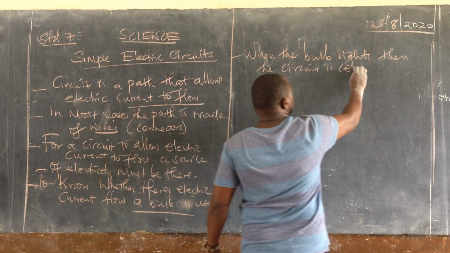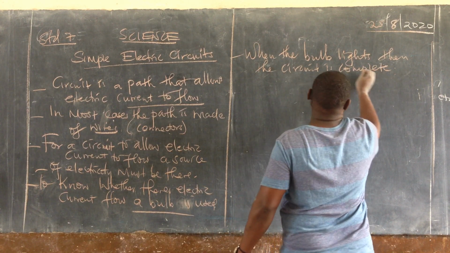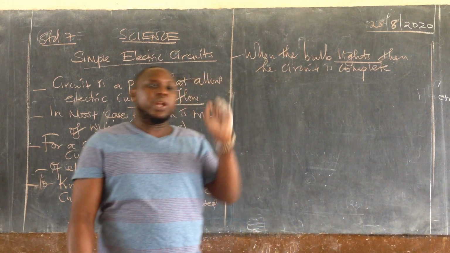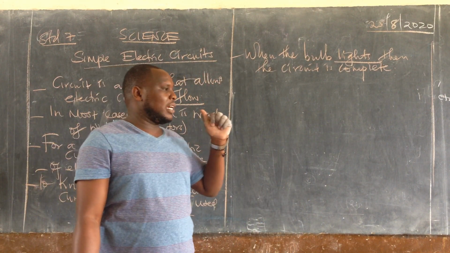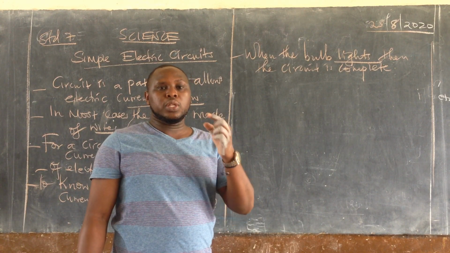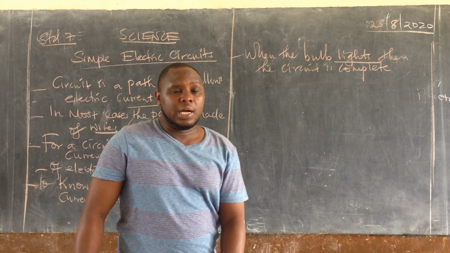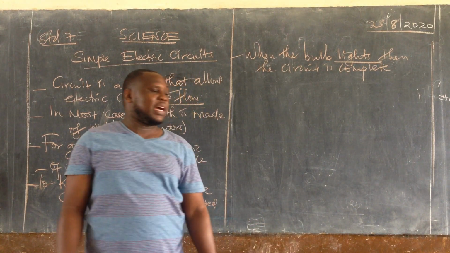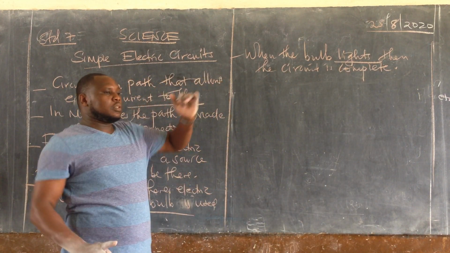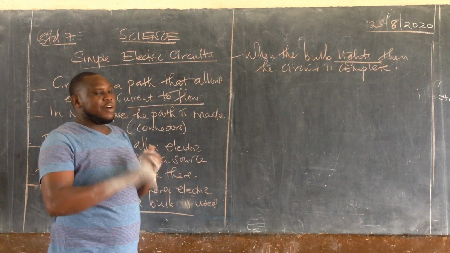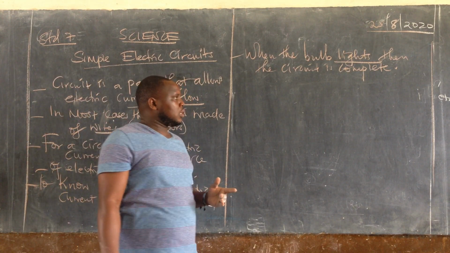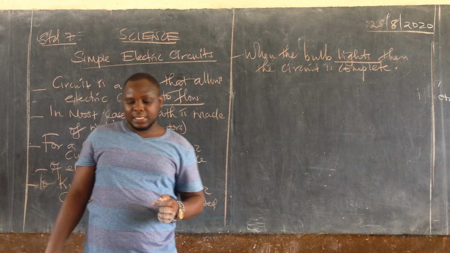We can talk about the circuit being complete whenever we see the bulb lighting, meaning that the electric current is able to flow from the source through the connectors to the bulb and up to the filament where we can see the light. So if we have all these things, the source of electricity, the connectors, which are the wires, and the bulb, then we can talk about having a complete circuit.